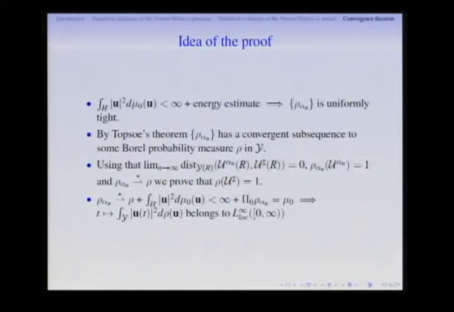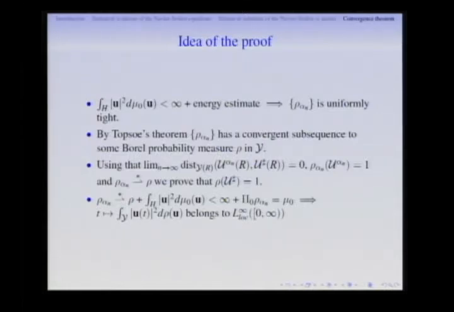So here we have that our initial data is in the energy space. We have energy estimates. Then we can conclude that the sequence is uniformly tight. And because of this, we can use Topsoe's theorem to conclude that we can extract a convergent subsequence which converges to a Borel probability measure. And then we have to prove that this measure is a Vishik-Fursikov measure.